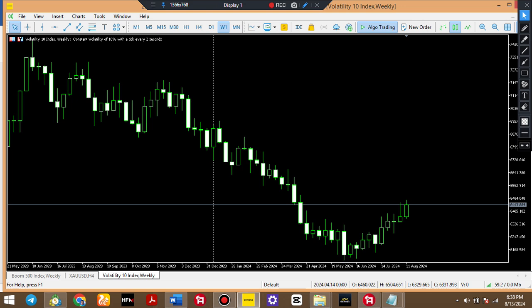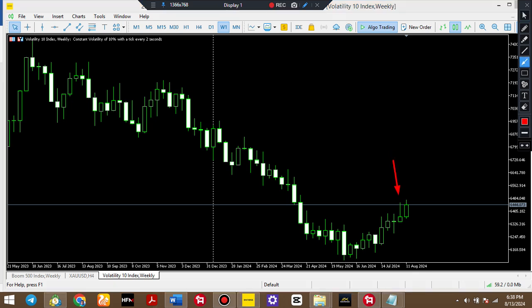What you should do is look for the previous high and previous low of the week. So this last candle here, this very one, was the last candle for the week. That means that was last week's candle, based on the weekly time frame.